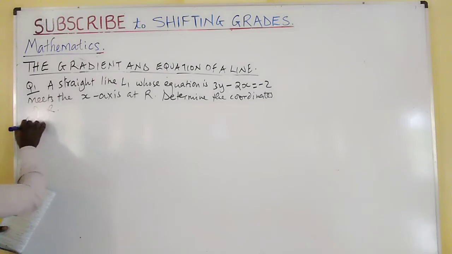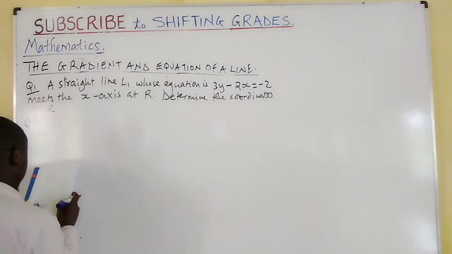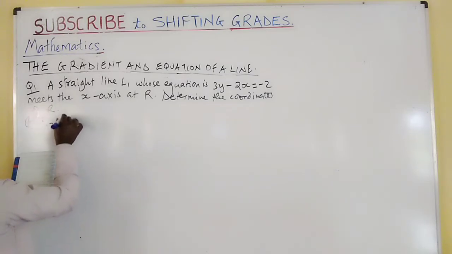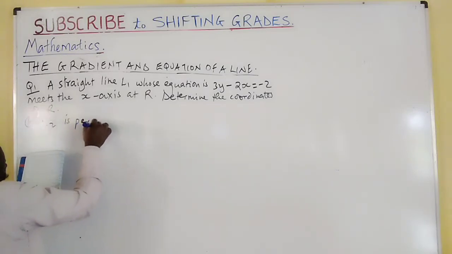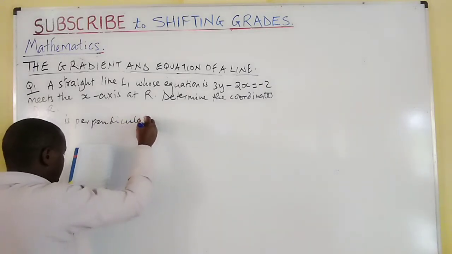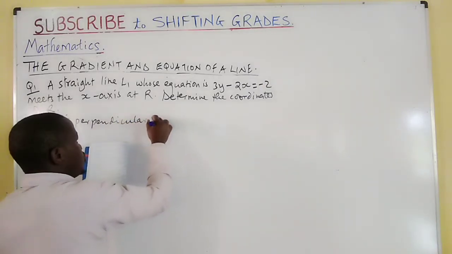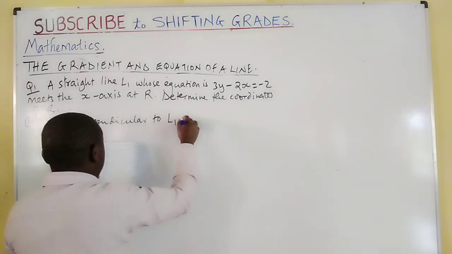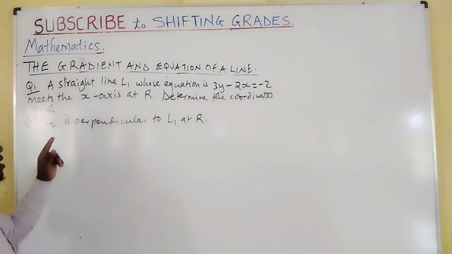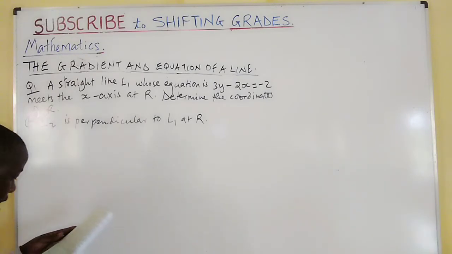Then part B of this question, let me copy the whole question, then we start doing it a bit by bit. A second line, L2, is perpendicular to L1 at R. So it passes at R, and there it is perpendicular with L1.